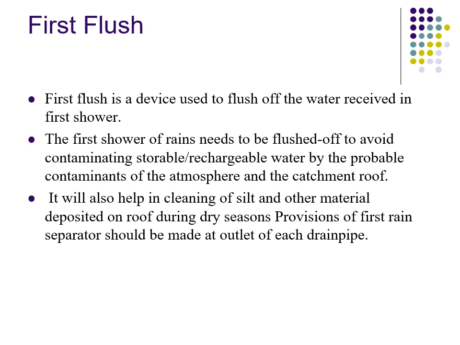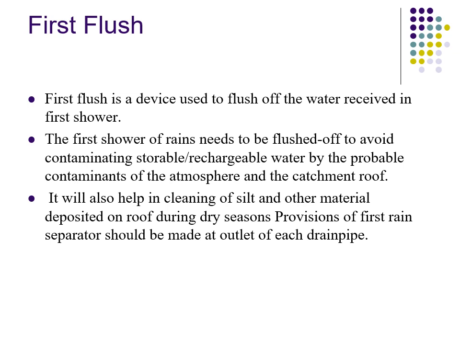First flush. First flush is a device used to flush off the water received in the first shower. The first shower of rains needs to be flushed off to avoid contaminating storable or rechargeable water by the probable contaminants of the atmosphere and the catchment roof.